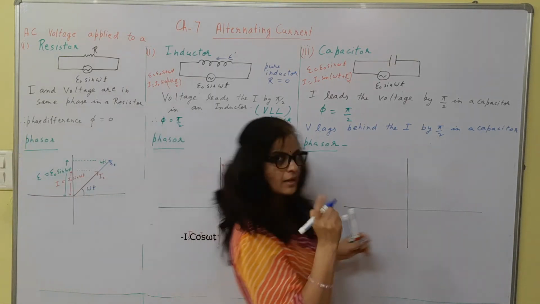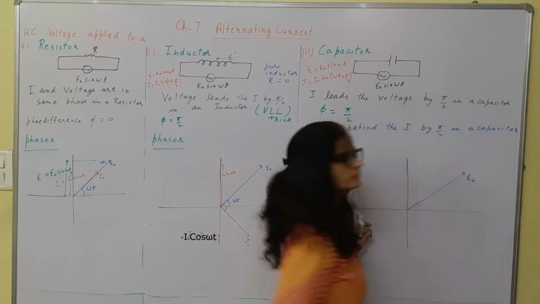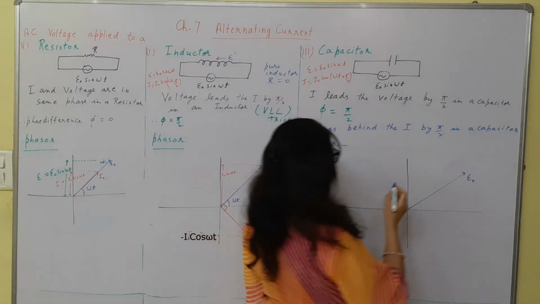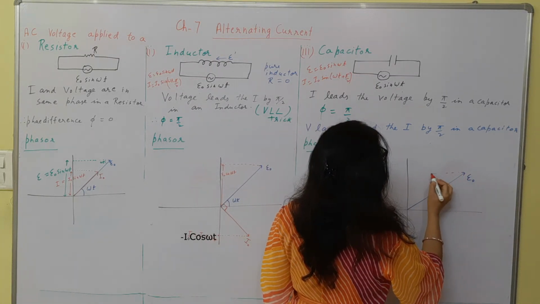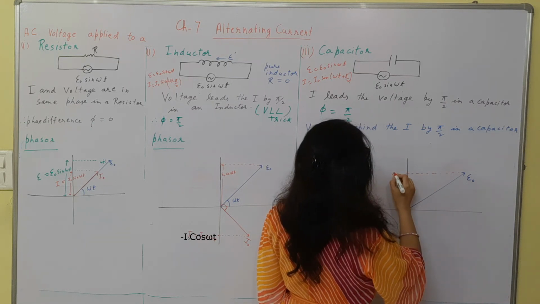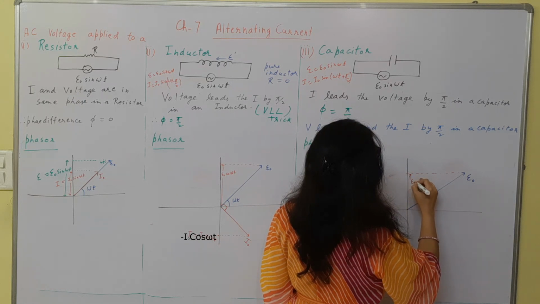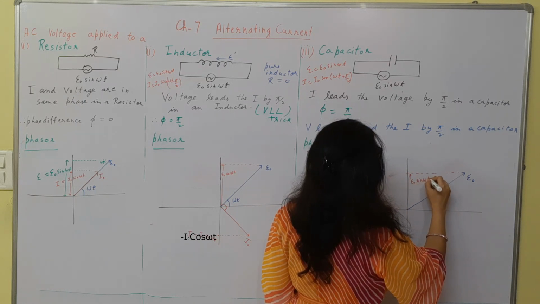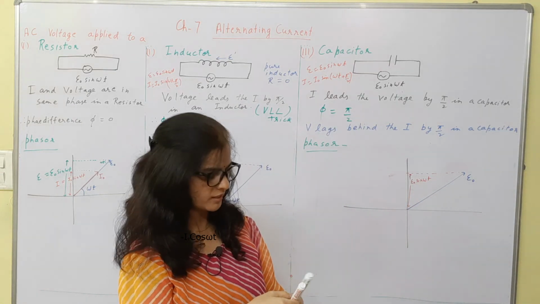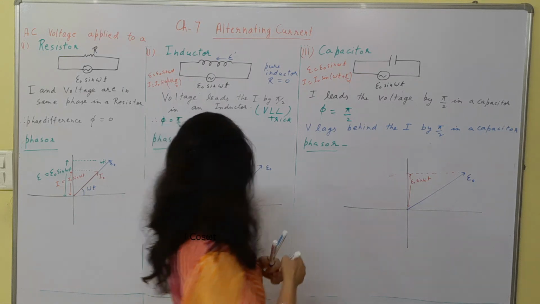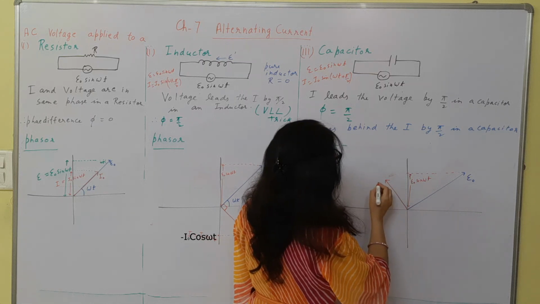Now for capacitor, if we are drawing this as the peak value of the voltage, then obviously the foot of the perpendicular from the end of this phasor will give you the value of EMF at any time, and in this case the current leads the voltage by pi by 2. So if I want to draw the current phasor, it will be at 90 degrees here.